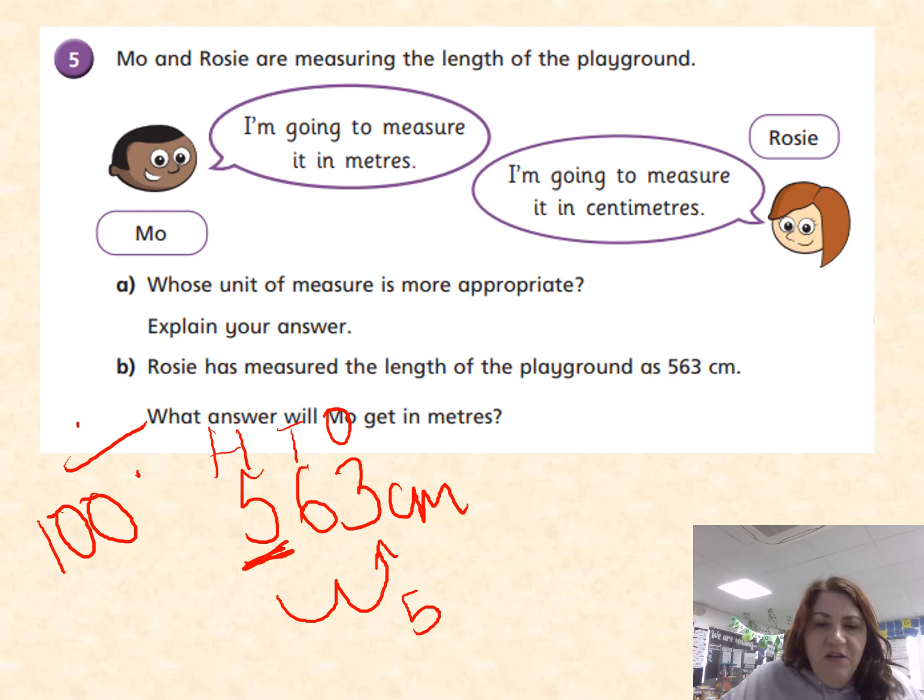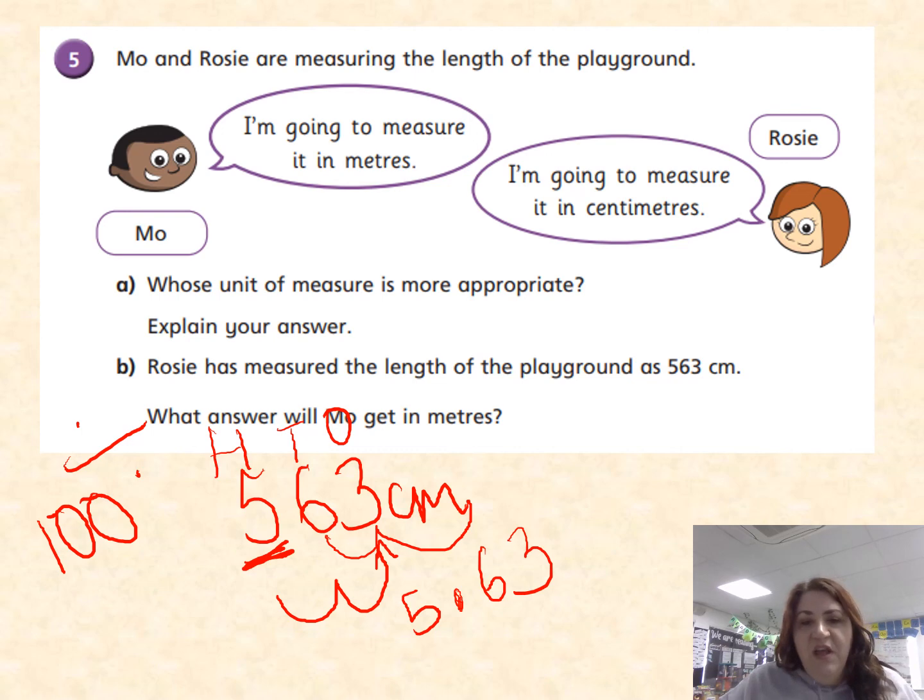Let me draw a decimal point. Our 6 is going to jump into the tenths, and our 3 is going to jump into the tenths and then into the hundredths. So it's 5.63 metres. Did you get that? 5.63. Well done if you did.